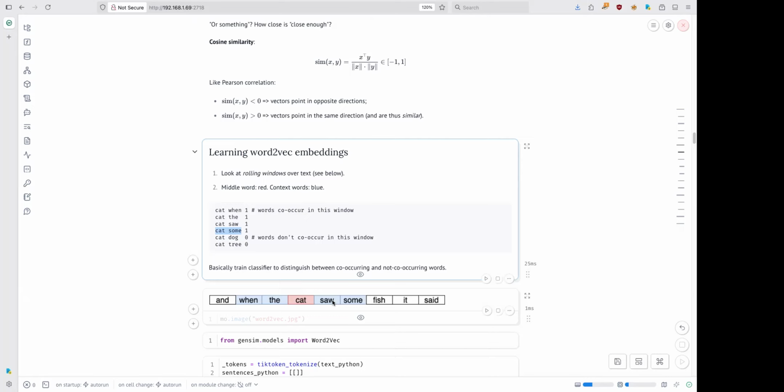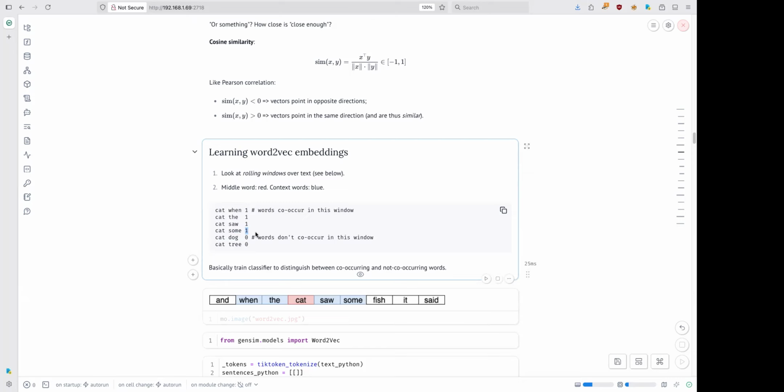Here we have our sliding window. It will move, and the next middle word will be saw. It will be colored red, and we'll again analyze what words co-occur with the word saw. We have so-called positive examples. One means yes, the two tokens co-occur in the window. If we just run this procedure, we'll see that everything is a one. We slide our window across the text and do this operation for each middle word, and obviously everything will be a one because we only look at the window.